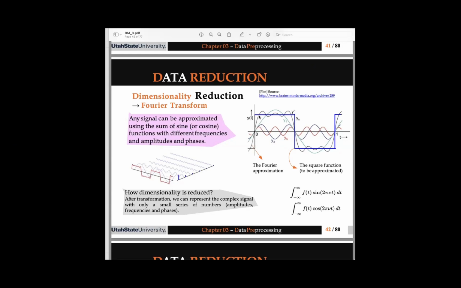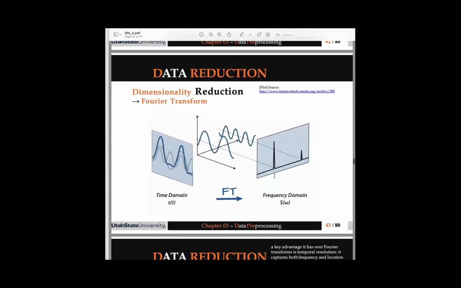My original signal is also shown in this particular slide over here. The square function is the one which is being approximated in this case, which is this blue line over here. Of course, my approximation looks a little bit like a sine curve, because that's the base function that I used, but this is quite a good approximation in the sense that the dotted line grasps the big picture, or the general shape of my square function.